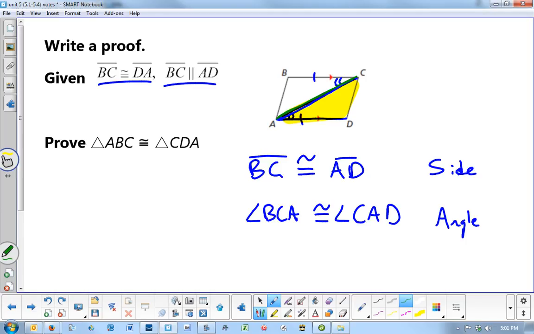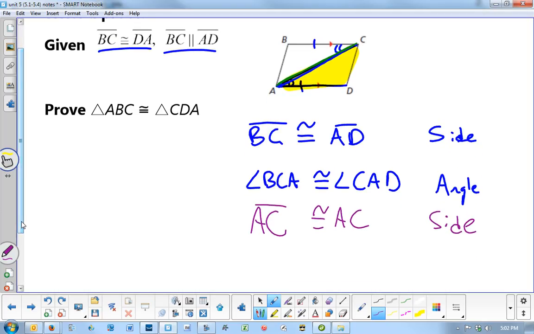So AC that's in the top triangle is the same as AC that's in the bottom triangle. So we can say that AC is congruent to AC. That's another side, okay? And it's kind of obvious, okay? It's almost too obvious. Makes us cry, it's so obvious.